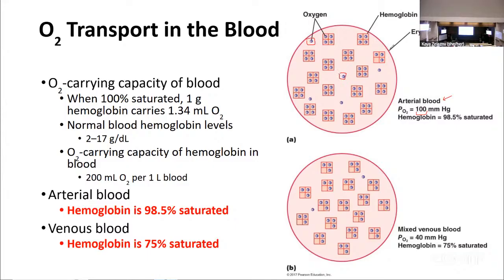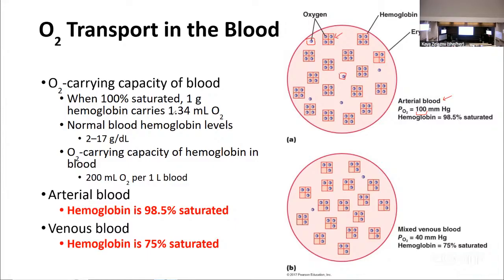But most of that oxygen is in our hemoglobin. If we were to completely saturate our hemoglobin, so 4 oxygen molecules in every molecule of hemoglobin, you'd end up seeing hemoglobin carrying about 1.34 milliliters of oxygen.